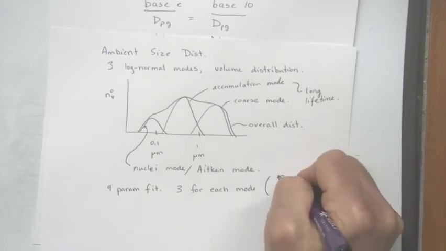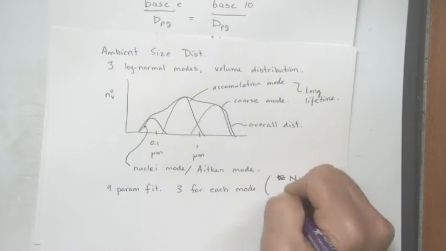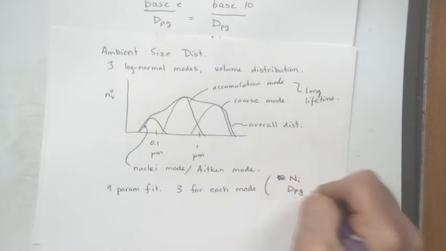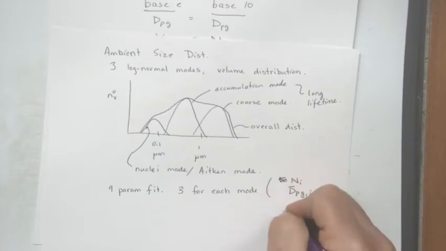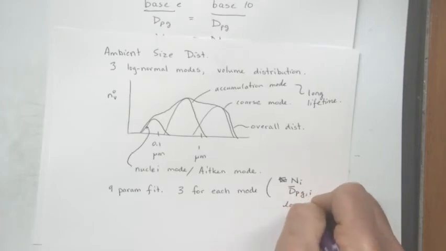The number in each mode, the mean size of each mode, and then a standard deviation of each mode.